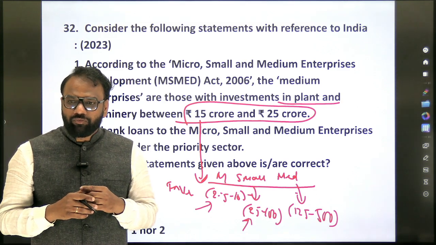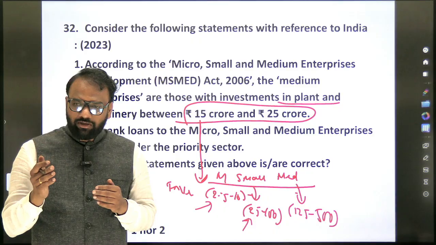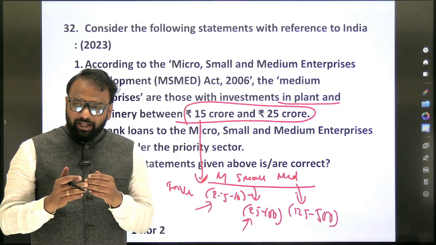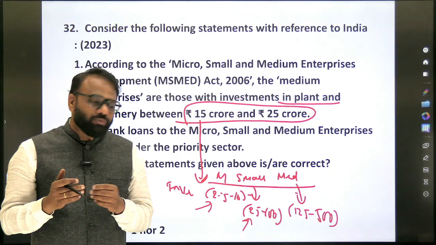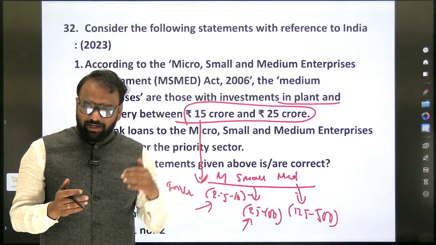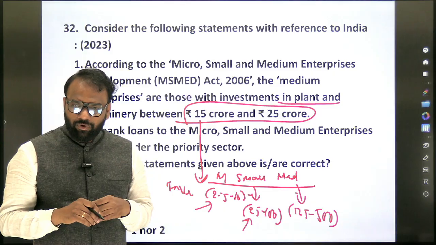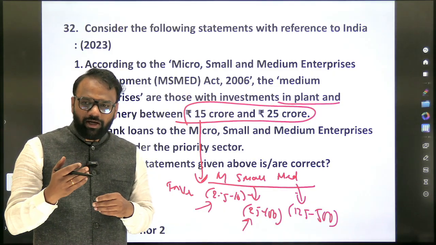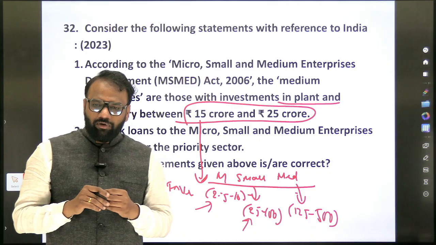Within 2.5 crore investment, it is called micro. Then within 25 crore? Small. Means more than 2.5 crore and less than 25 crore is small. Medium? Okay. More than 25 crore and up to 125 crore.